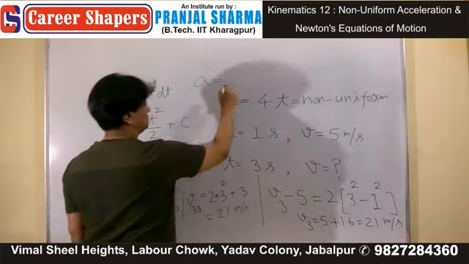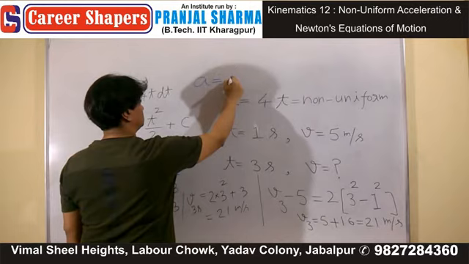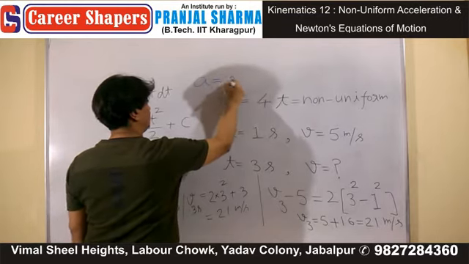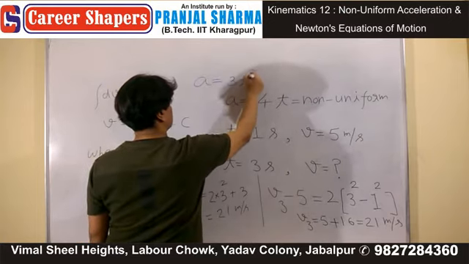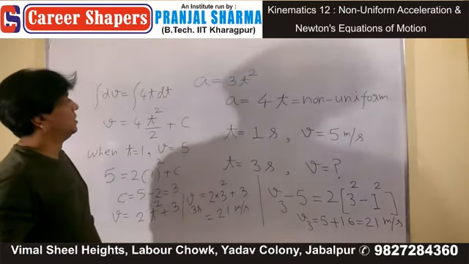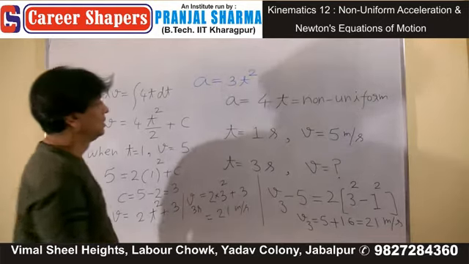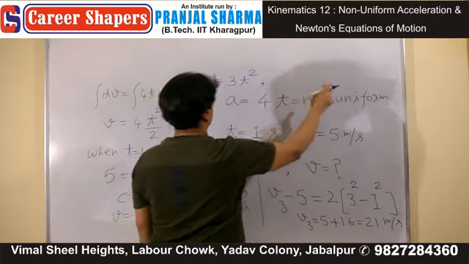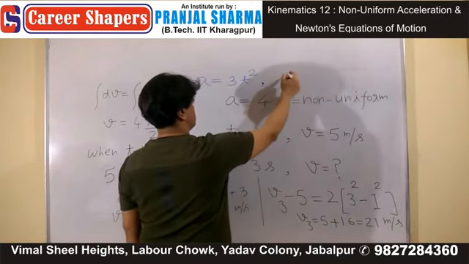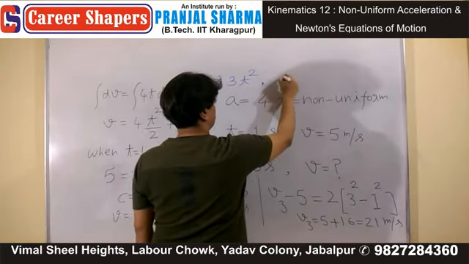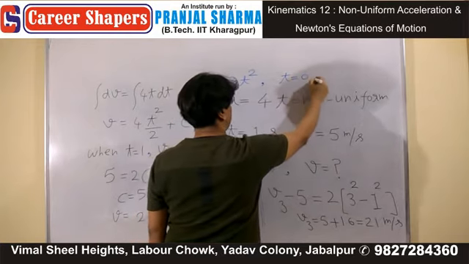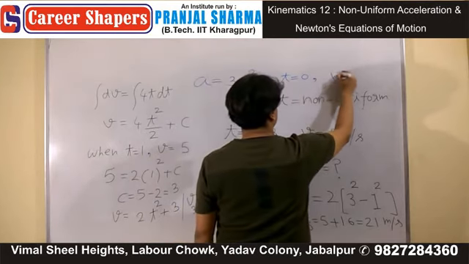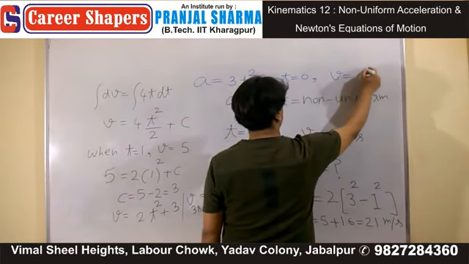Acceleration is 3t square. When t is 0, velocity is 5.